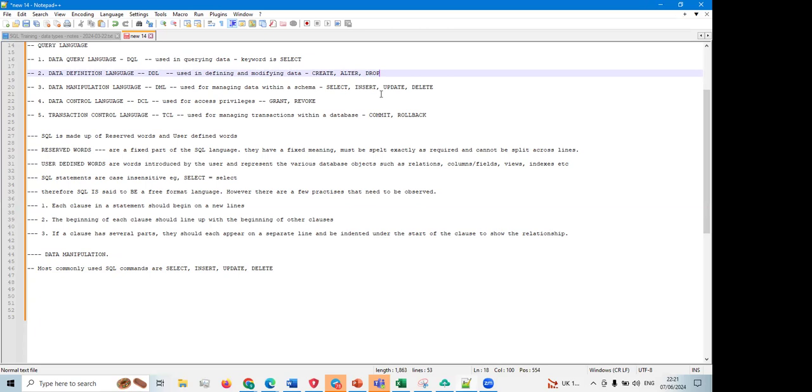Excuse me, sir. Yes, please. What's the difference between drop and delete? Are they not doing the same thing? No, they are not. Delete is used within a table. Drop is used on the table. Do you get that? Drop is used on the table or on the database itself.